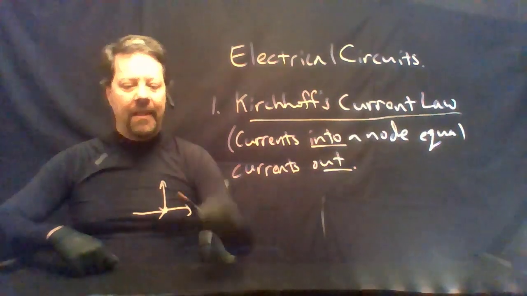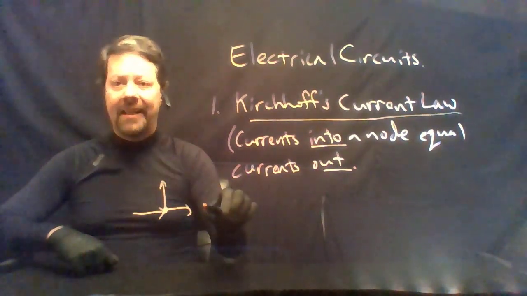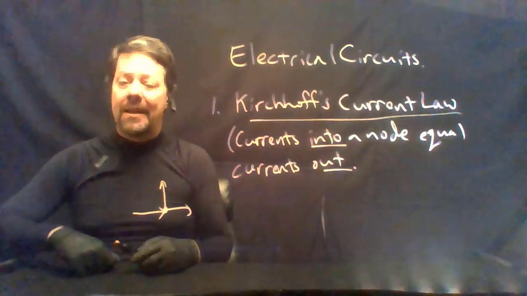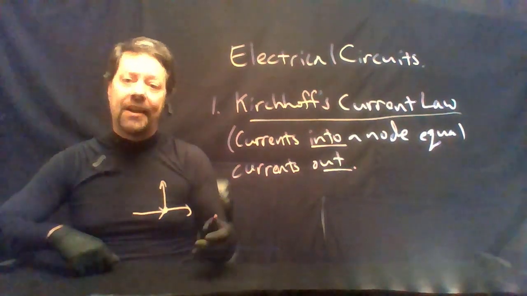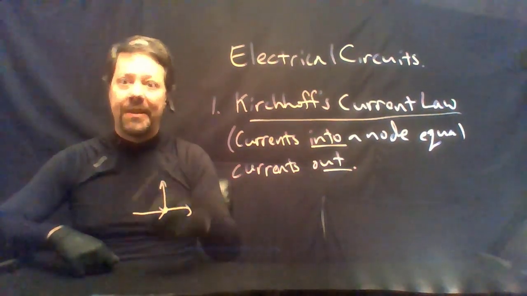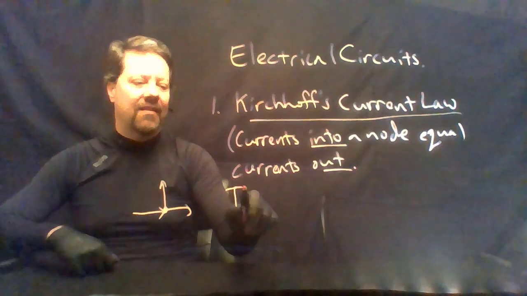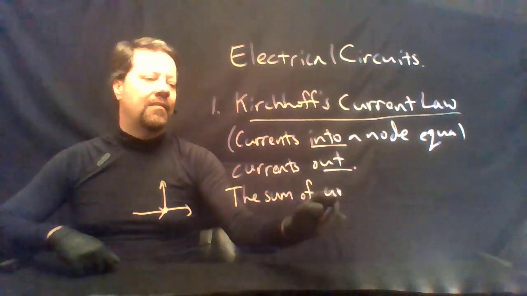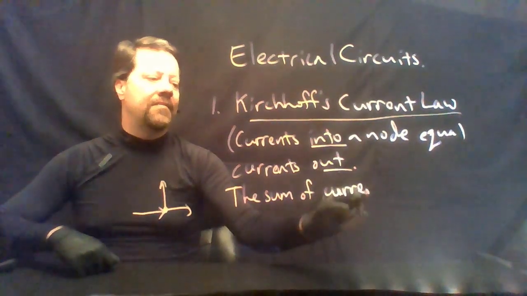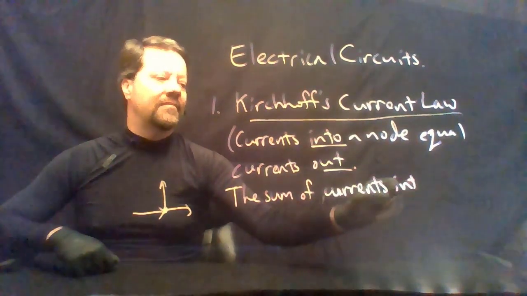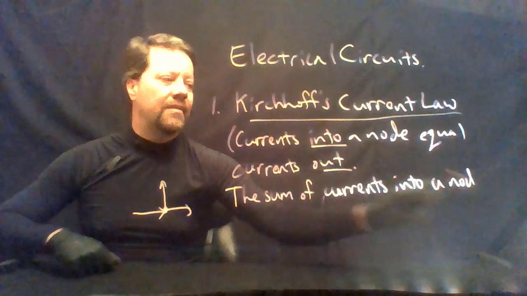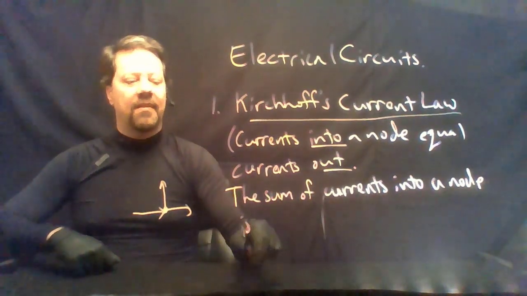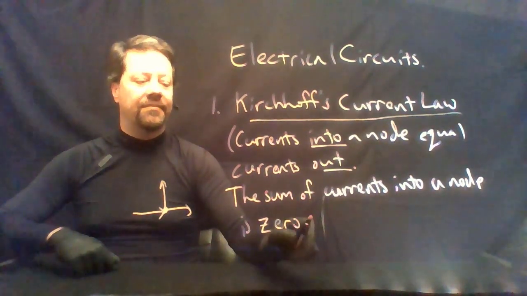In other words, if we consider currents going out to be negative currents and currents going in to be positive currents, then the algebraic sum of those currents will be 0. The sum of currents into a node is 0.